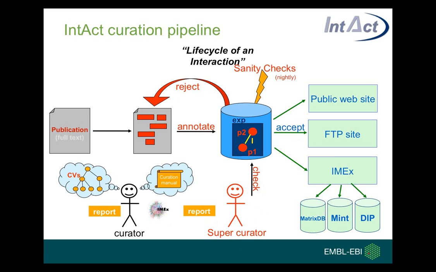But if it's rejected, it goes back to the previous state for the original curator to make all the necessary changes. Maybe the super curator didn't like the way some parts of the publication or some experiments were annotated, and they have to be reviewed, and afterwards the process of checking can begin again, trying to be accepted or not.